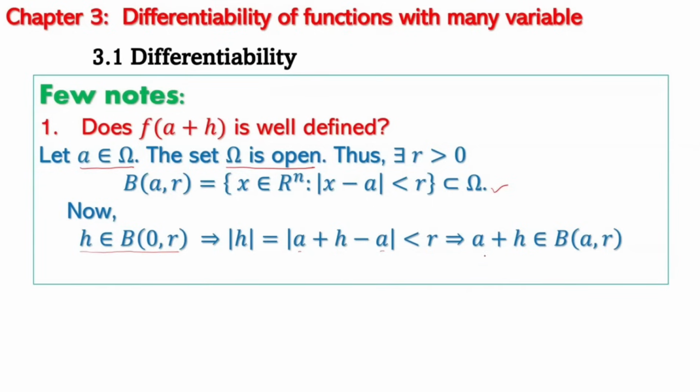By the same definition, a + h belongs to the ball B(a, r). The point a + h belongs to the set Omega, therefore f(a + h) is well defined.